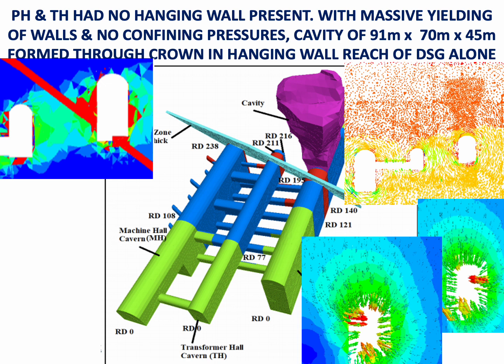Thus, as was informed earlier in 2014 by the contractor of the powerhouse complex that the walls in the Downstream Surge Gallery would be yielded in the hanging wall reach, and this fact is also ratified in the three-dimensional numerical analysis done by Niram in 2018. This huge distress zone of the yielded rock mass was all set for a raveling failure to happen when an instability is triggered.